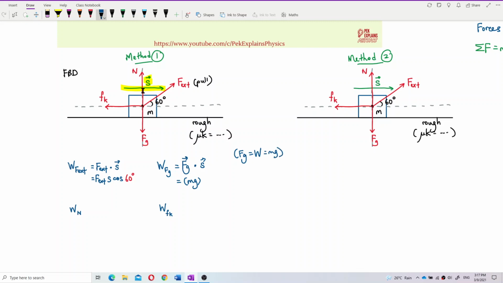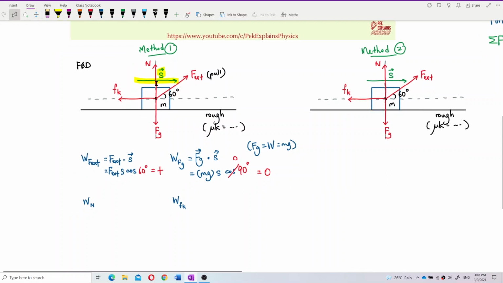We just write gravitational force, Fg, and substitute with mg, then multiply with s, the displacement, and then cosine what? You compare the gravitational force with displacement. Displacement is to the right, gravitational force is downward, so it's 90 degrees. So we have cosine 90. Anything cosine 90, you get 0, so the work done is 0. Unlike the external force, where cosine 60 gives a positive value.